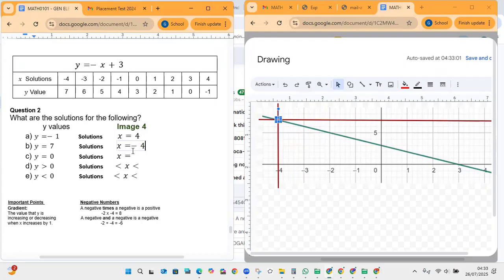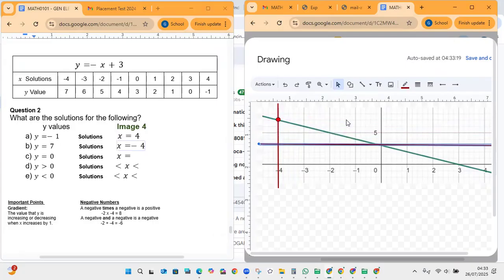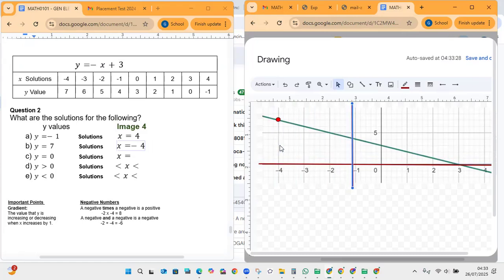What about when y is equal to 0? The value of y is equal to 0. So let's come down here. When the value of y is equal to 0, what is the x solution? Well, the x solution appears to be 3, okay? When the y value is 0, the x solution is 3.